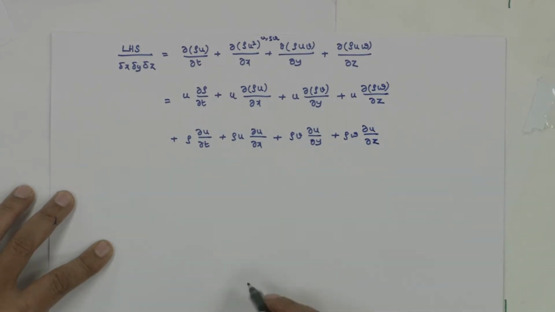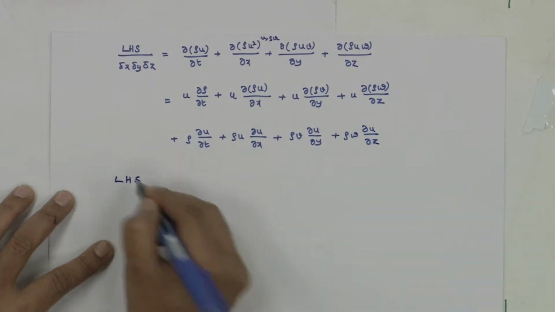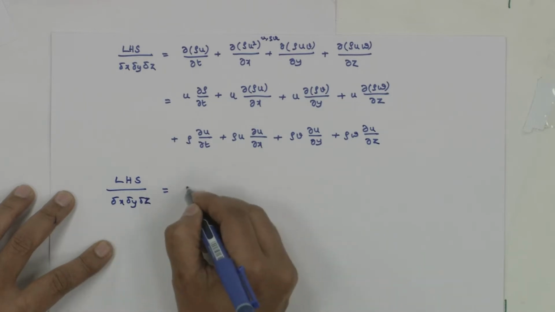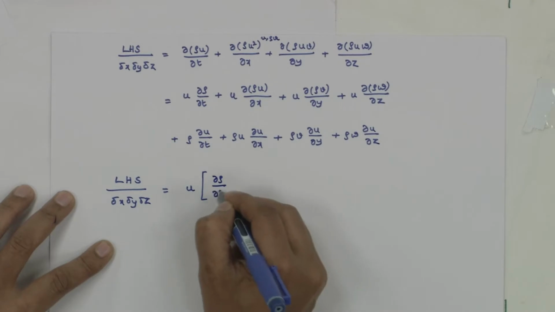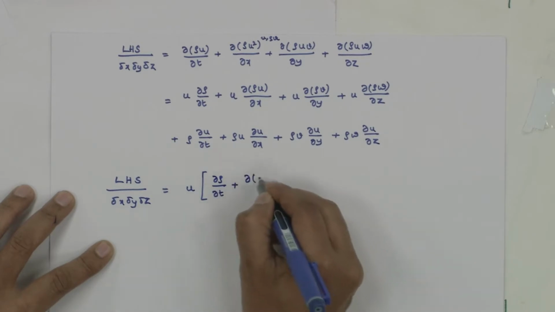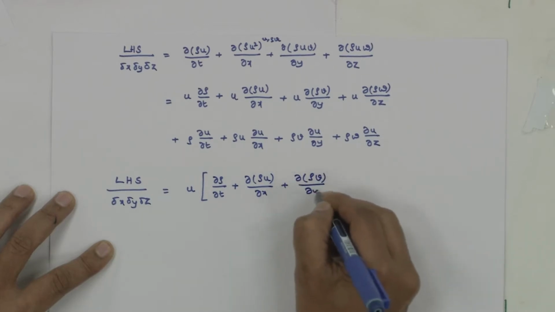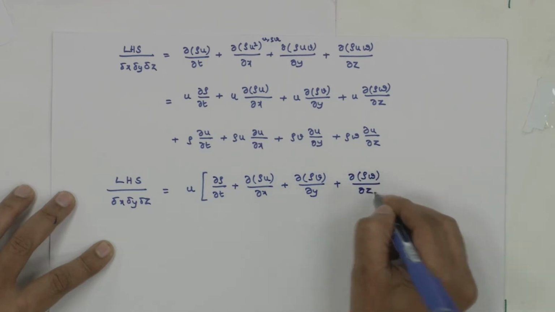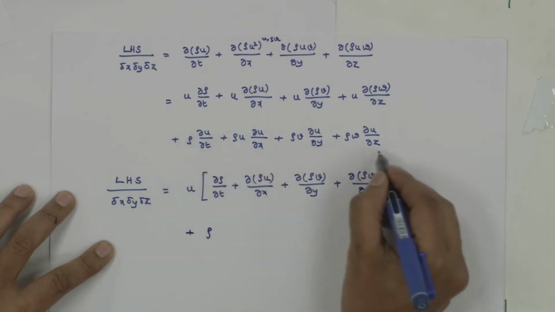Correct? So let me take a few things common. I can do it in a jiffy, but I don't want to go fast. So if I take u common: del rho by del t plus del of rho u by del x plus del of rho v by del y plus del of rho w by del z, plus rho I can take common in all of these terms.